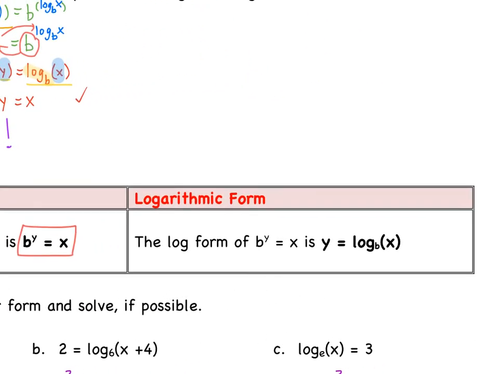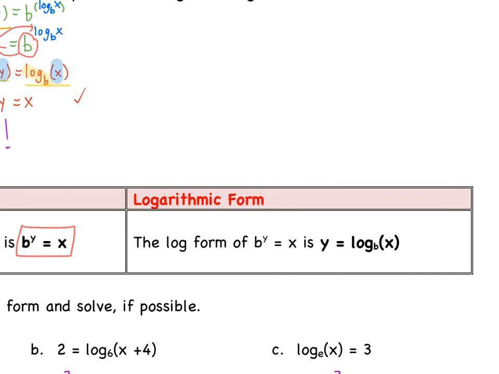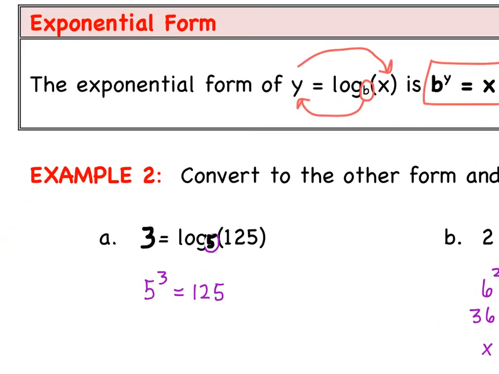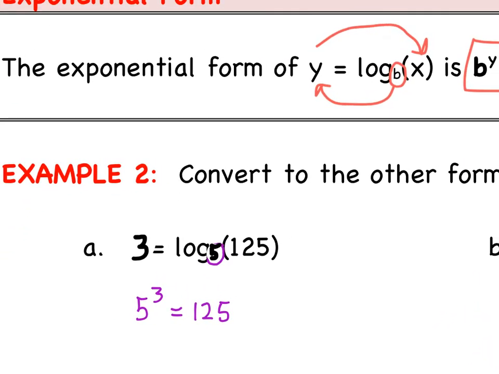If we're going from exponential to log, again, I start with my base, and I say log base b of x. So that's this portion here, and we set it equal to y, and that's where we get our log form. So now let's just go through some examples of how we got this.